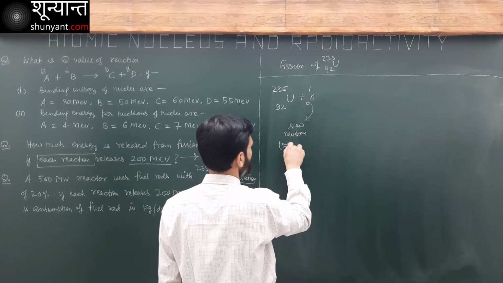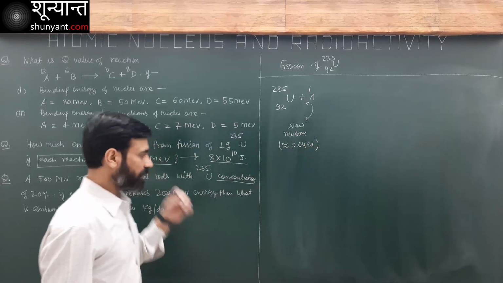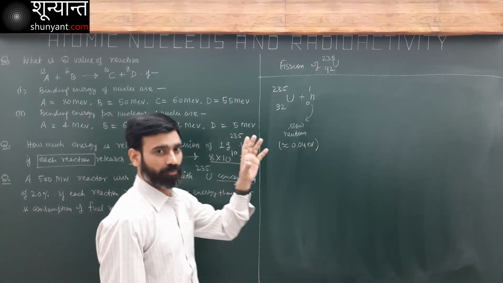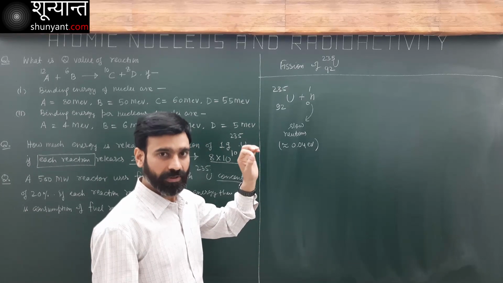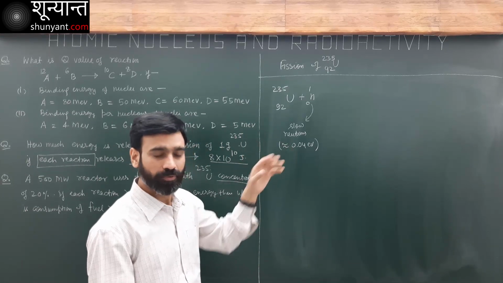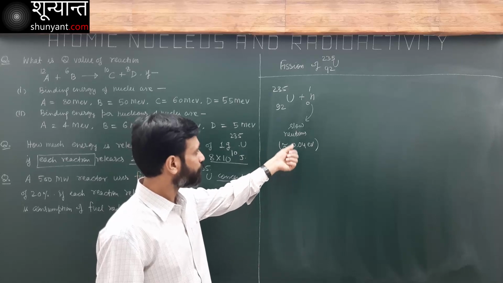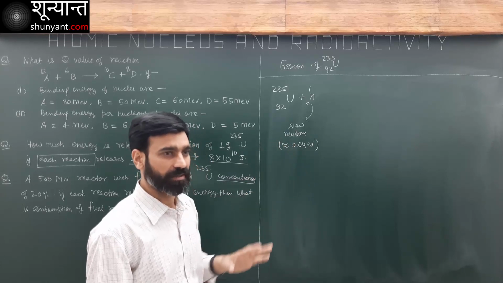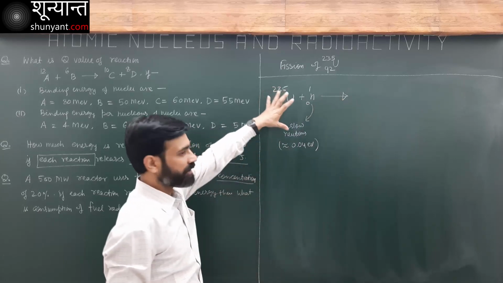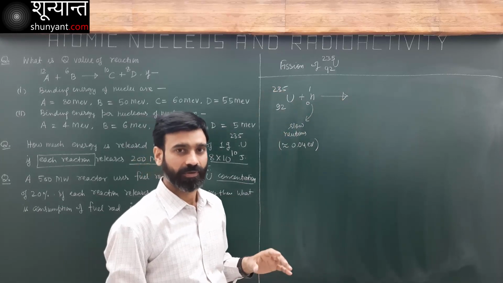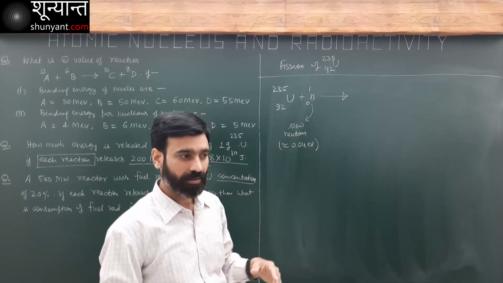Their energy is very small, 0.04 electron volt. So what we are doing is bombarding the uranium 235 nucleus with very slow moving neutrons. What happens is this uranium nucleus absorbs the neutron. The neutron is a neutral particle.